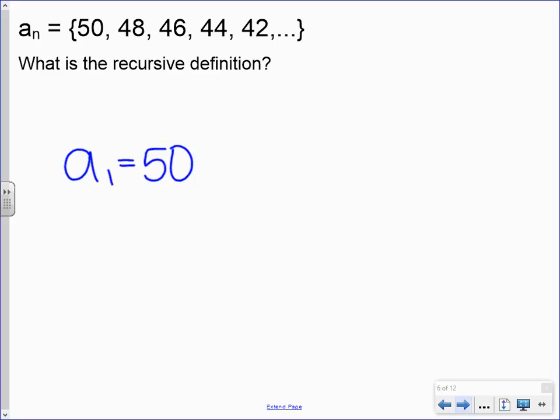I know you can see the first term in your sequence, but if we're going the other way, you have to know the first term so you can write the recursive sequence and find the term. So I'm going to give you about 30 seconds to brainstorm with your pod how we might write the recursive definition, knowing that we have that common difference of -2. Ready, set, go.